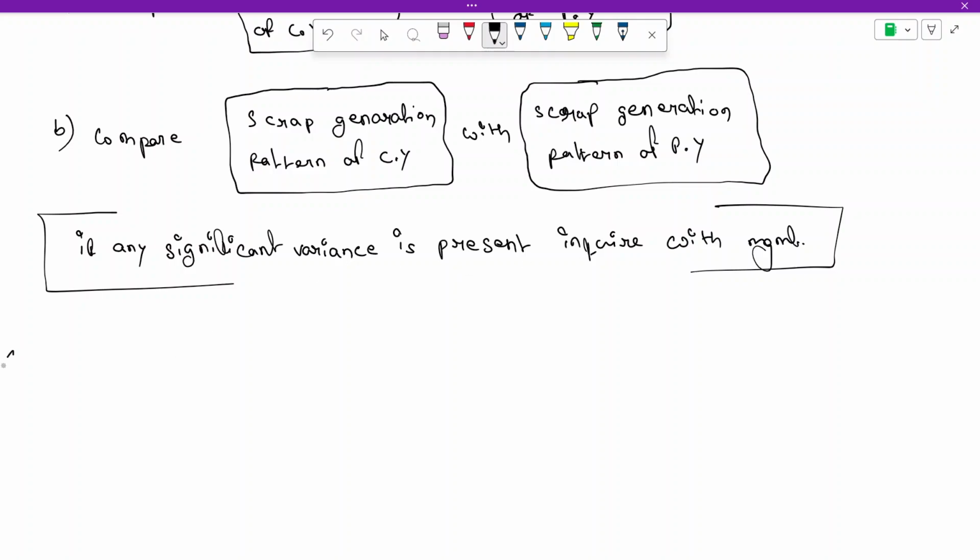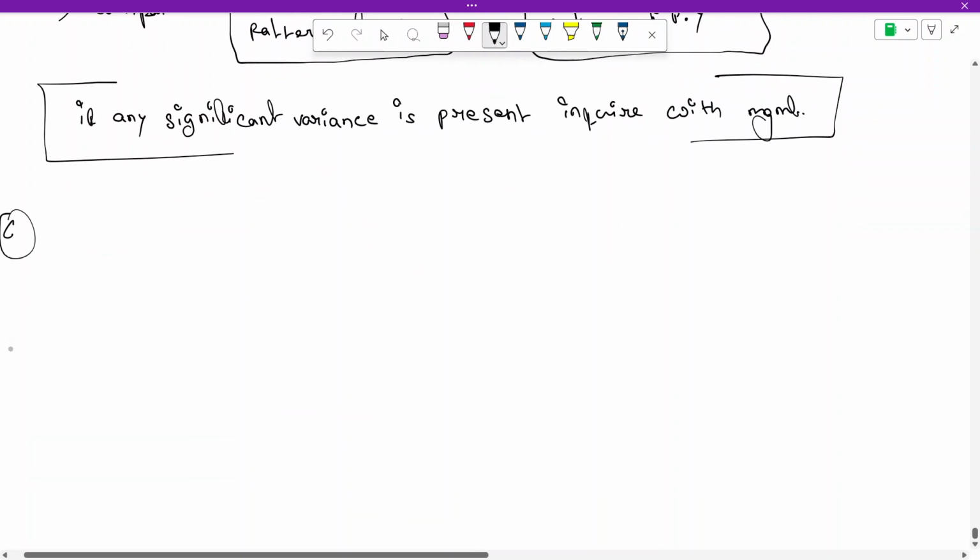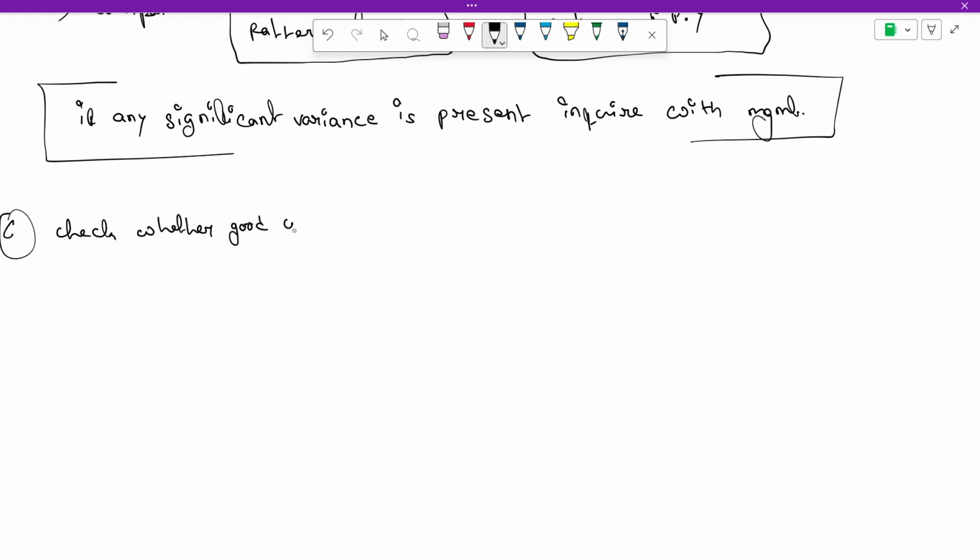Also, check whether good units are not sold as scrap.